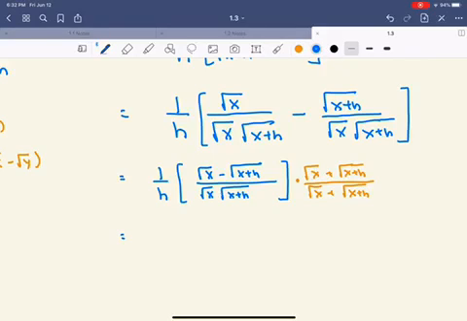We're going to get 1 over h in the numerator, x minus x plus h, over square root of x plus h times square root of x times square root of x plus square root of x plus h.